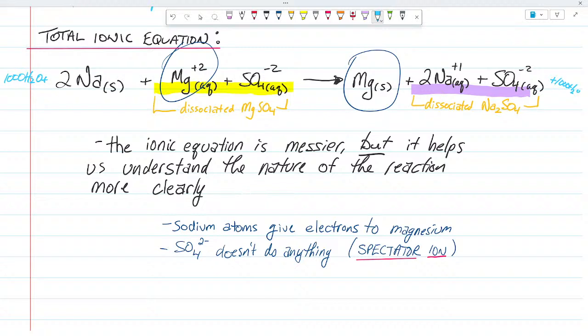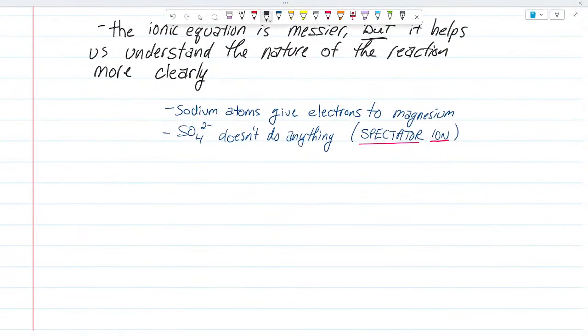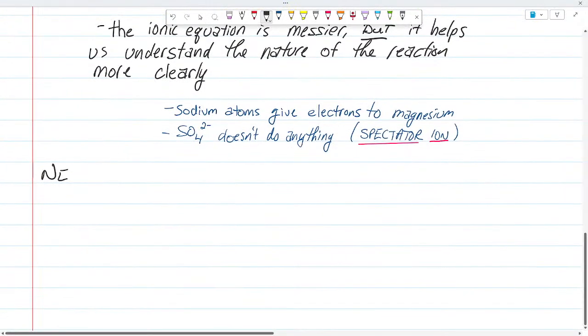And why don't we bother writing water in this? Because it doesn't do anything. So we don't bother writing it. But if the sulfate doesn't do anything, then why are we bothering to write it? And so this leads us to the idea of what we call net ionic equations.